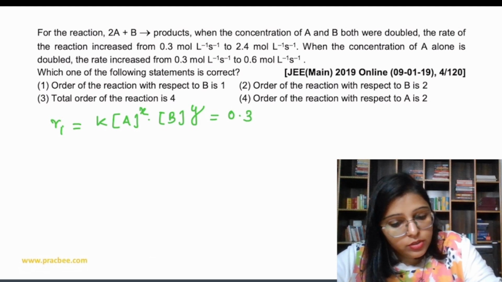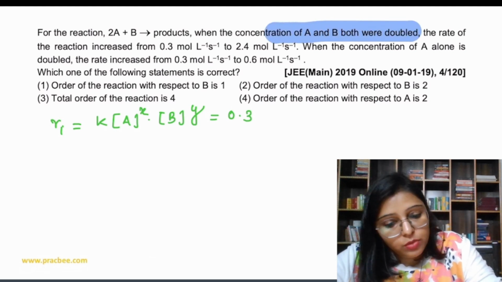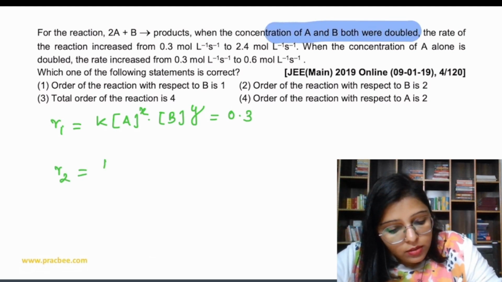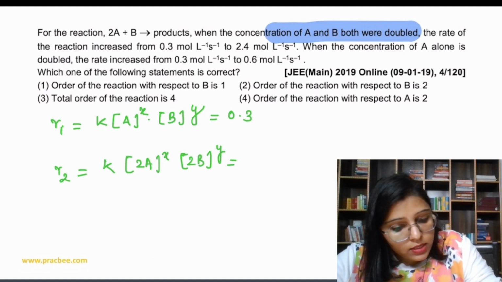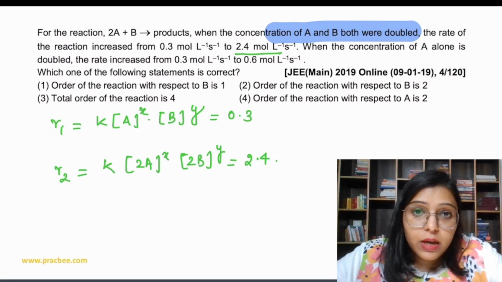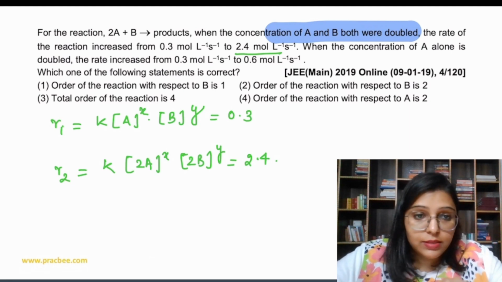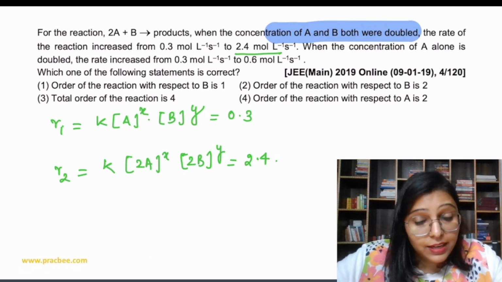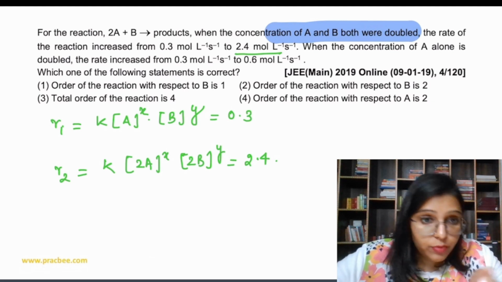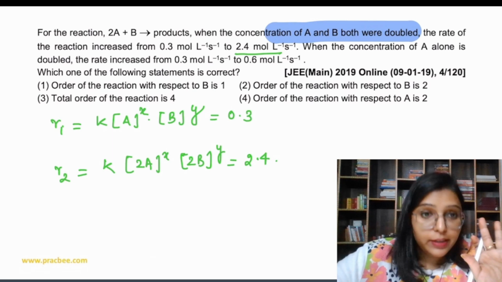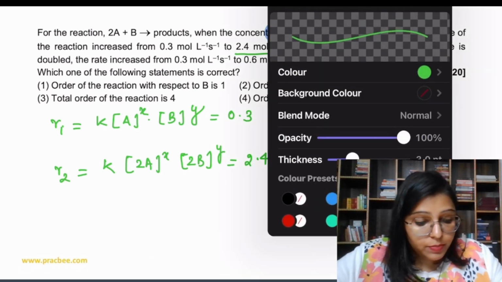Now the question says when the concentration of A and B both were doubled, so it means this is (2A) to the power x and (2B) to the power y. So it means the rate increases from 0.3 to 2.4. Okay, now these are the equations that we can derive from the two sentences.